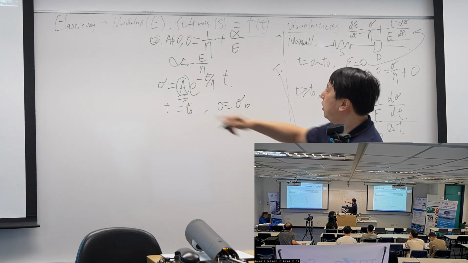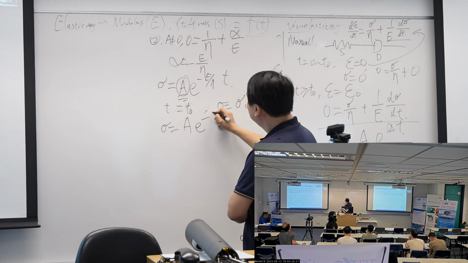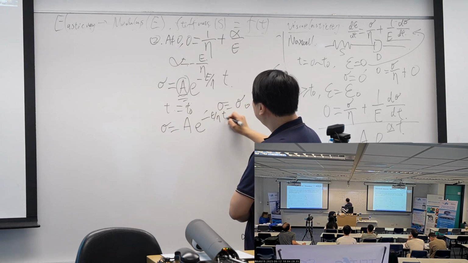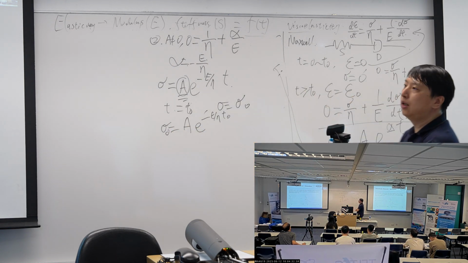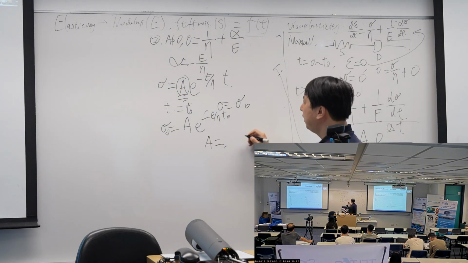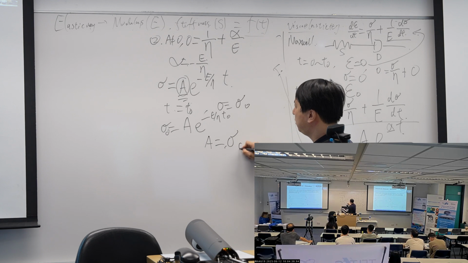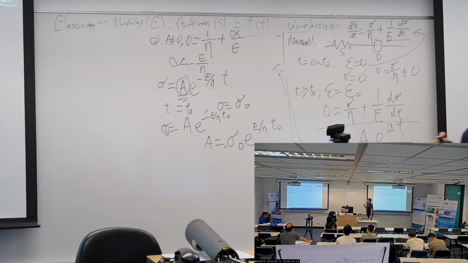Then you put it in, and sigma 0 equals A e^(negative E over eta t0). Then A equals sigma 0 times e^(E over eta t0).